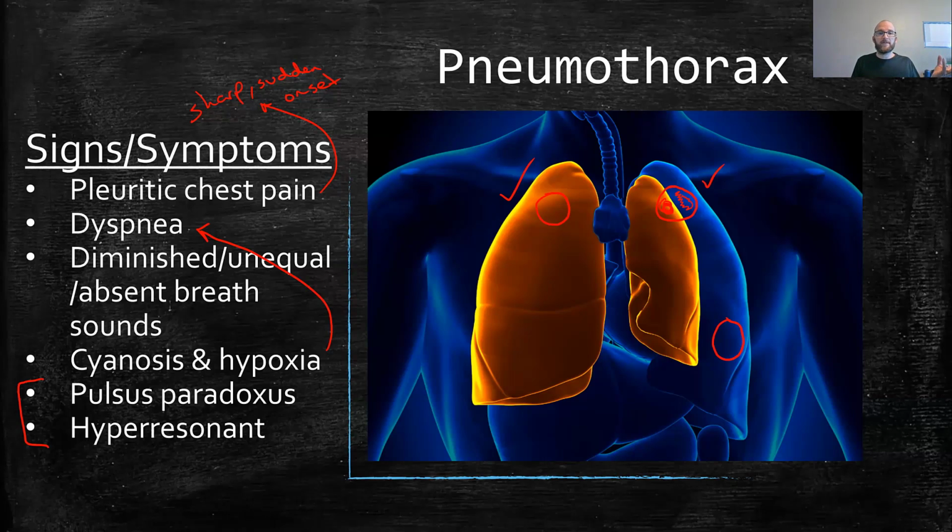So pulsus paradoxus can show up when there's any sort of pressure buildup problem inside the chest. A more progressed pneumothorax, a cardiac tamponade, the air trapping of a very severe asthma patient could show up with it. It's a more common term with cardiac tamponade, but it can show up with a pneumo. So we're going to talk about that one.